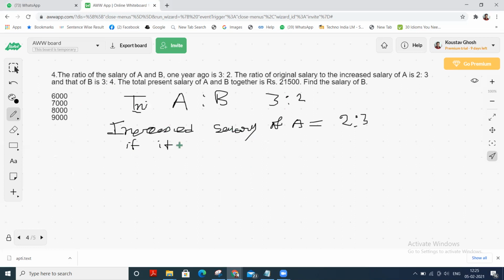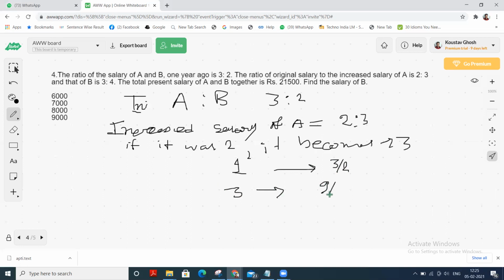Or 1 becomes 3 by 2. But A's ratio was 3, so we have to calculate for 3. Okay. So 3 becomes how much? 9 by 2. That is 4.5.